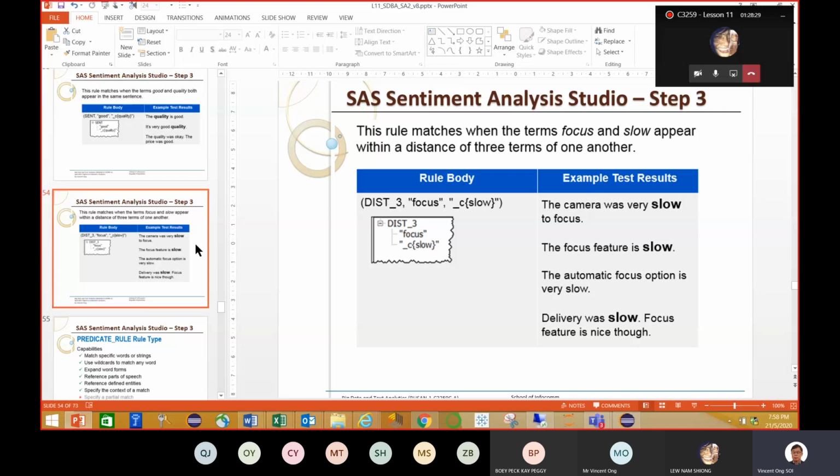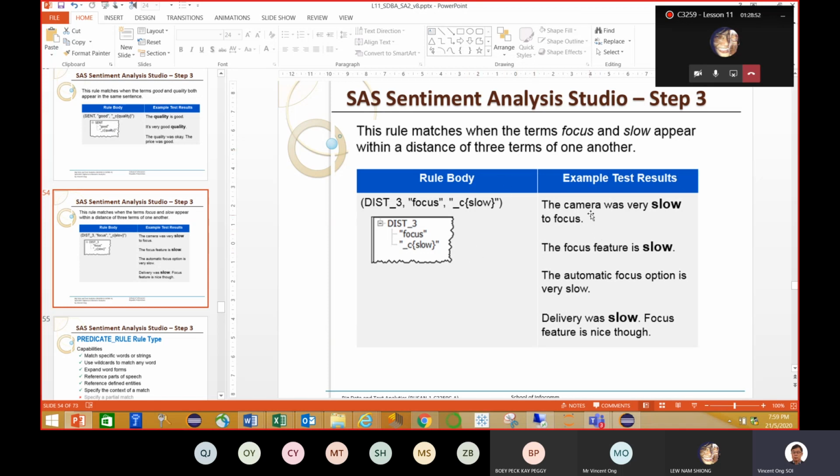Okay, this one we use the distance three. What does underscore three mean? It means that these two words, focus and whatever you define as slow, must occur within the same sentence, three terms away from one another. Anything further than that, you will not catch.